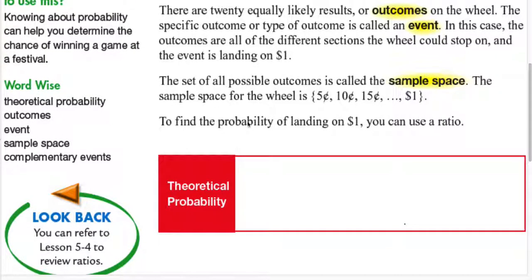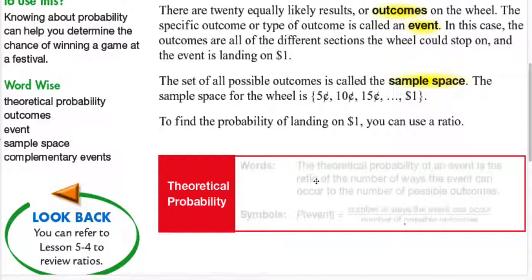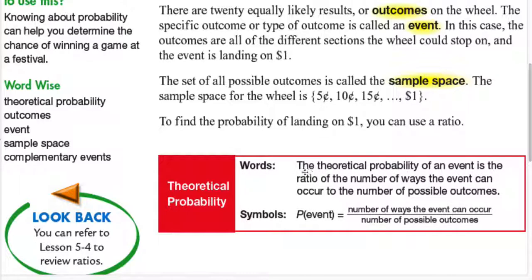So to find the probability of landing on $1, we can use a ratio. The theoretical probability of an event is the ratio of the number of ways an event can occur to the number of possible outcomes. Remember, a ratio is a comparison of two numbers by division, and therefore we have a fraction bar, which also indicates division.